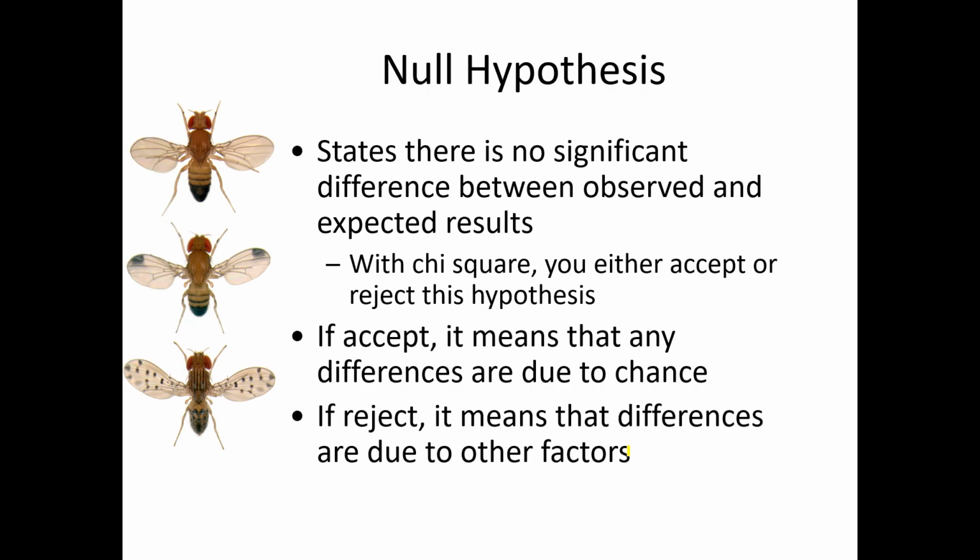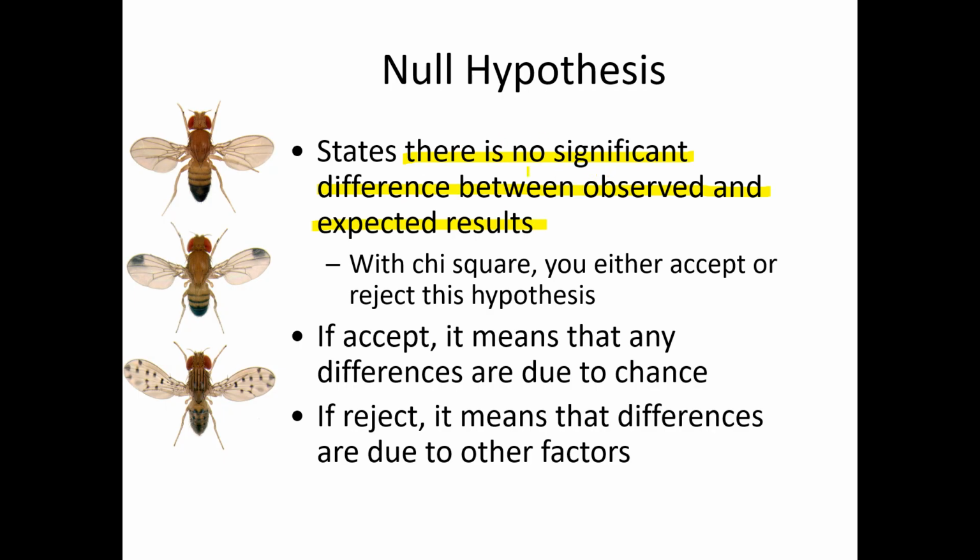Now, we talked about a null hypothesis pretty early in the year, and we learned that a null hypothesis pretty much says that there is no relationship between the independent variable and the dependent variable. And so that's kind of the same thing that we're looking at here. So our null hypothesis says there is no significant difference between what we got and what we should have gotten. So based on the chi-square test, we're either going to accept this, okay?